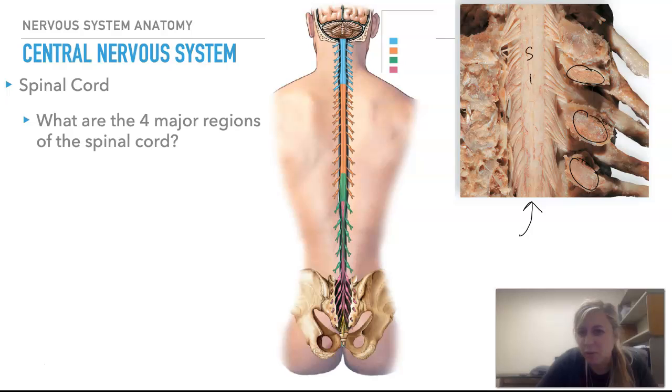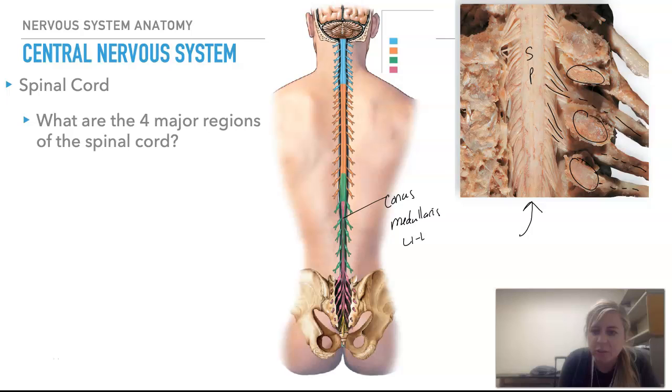The spinal cord is in the center here, and coming off the spinal cord you can see the roots, which are going to form the spinal nerves that then leave and go out to other areas of the body. The spinal cord ends at what's called the conus medullaris, between L1 and L2.